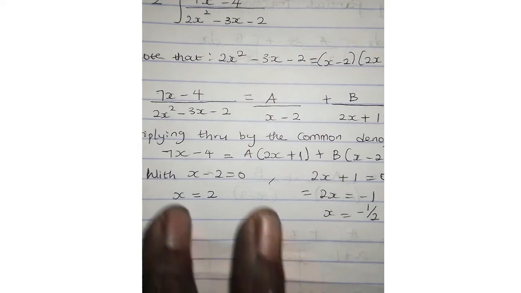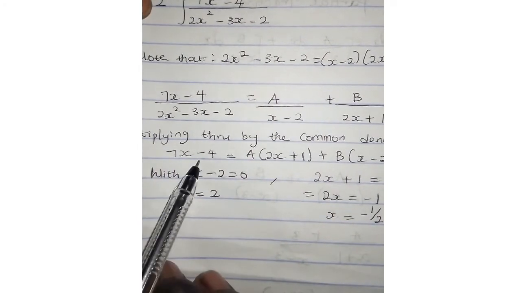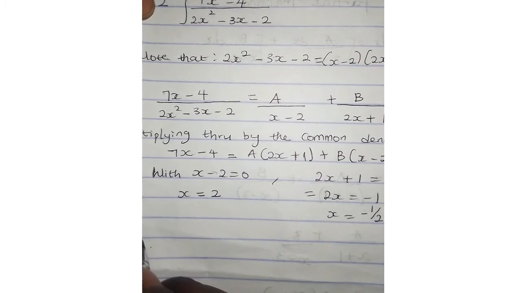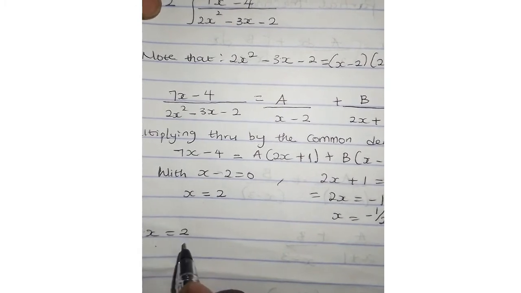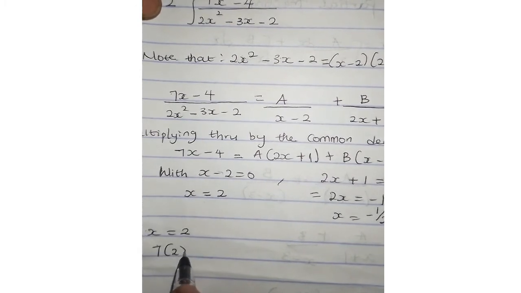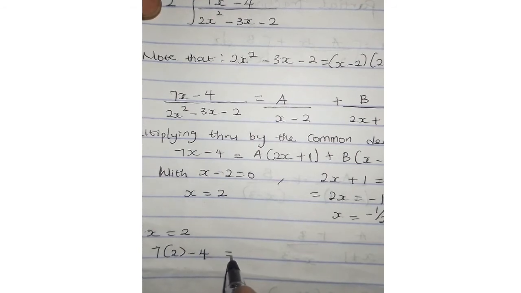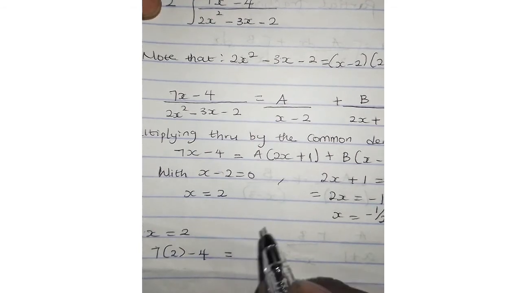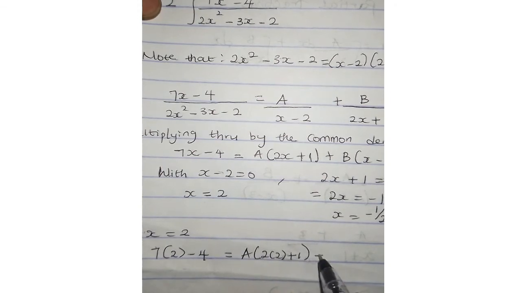So now putting x equals 2 in this, we're going to have 7 times 2 minus 4 is equal to a times (2 times 2 plus 1) plus b times (2 minus 2).